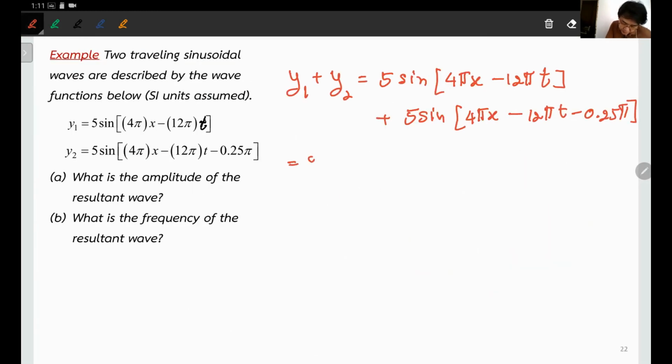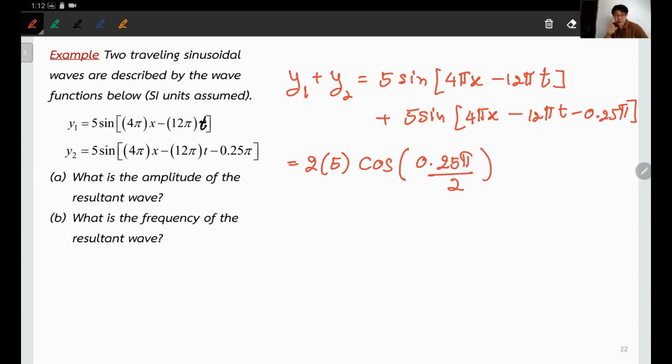So it's going to be 2 times 5. Then you can do sine or cosine first, up to you. But if you want to follow that formula, it will be the cosine of the difference over 2. So when I take the difference of the arguments, I get 0.25 pi, and then I divide it by 2.